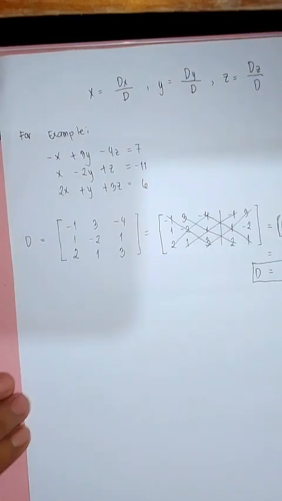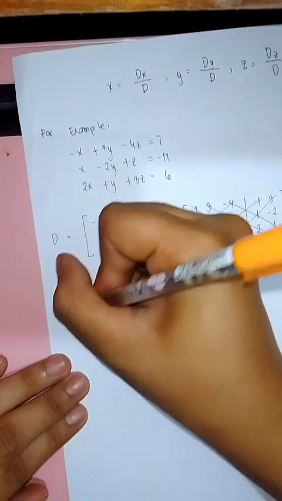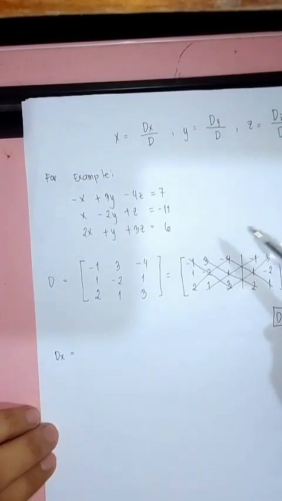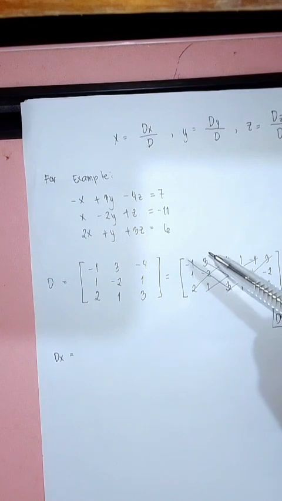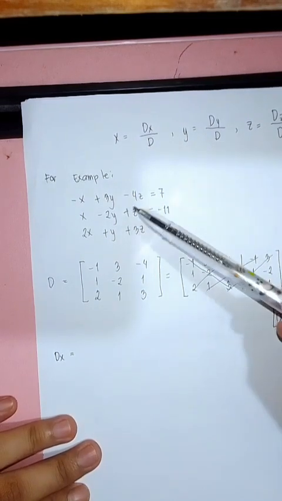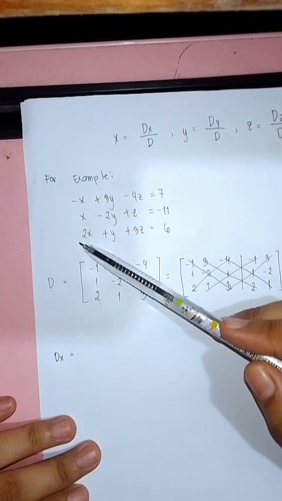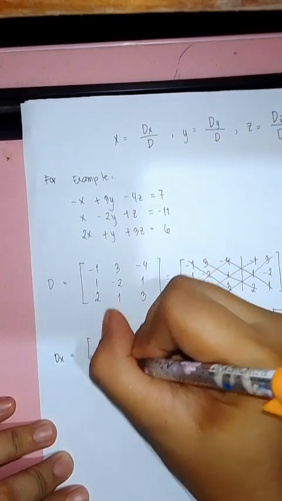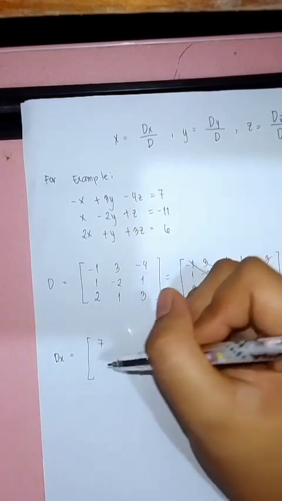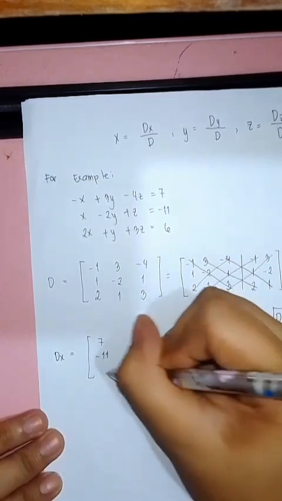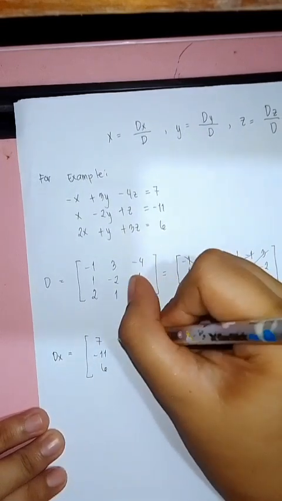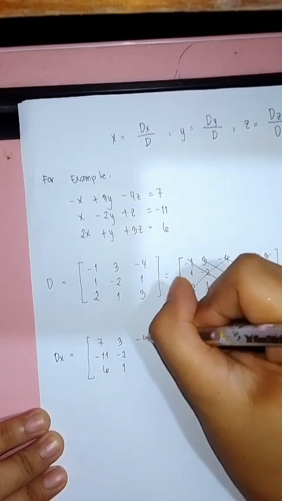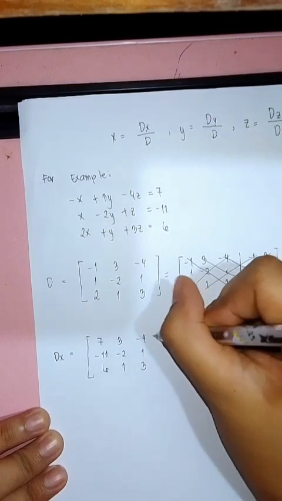Now, to get the D sub x, we will just simply replace the coefficients of x with the constants. So this will become now 7, negative 11, 6, 3, negative 2, 1, negative 4, 1, 3.